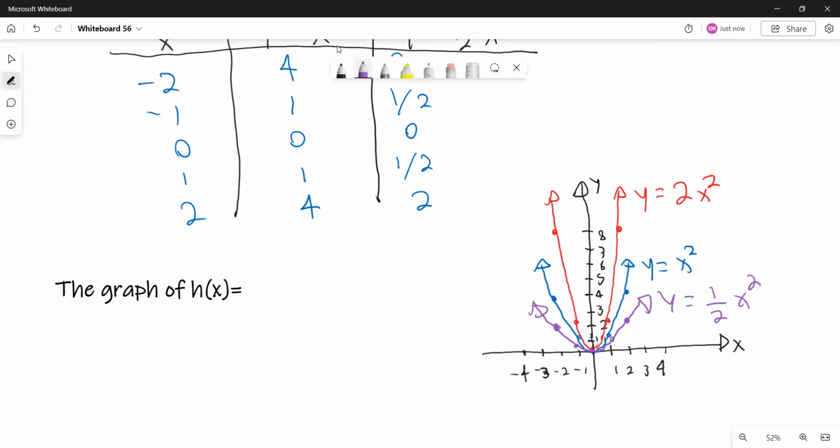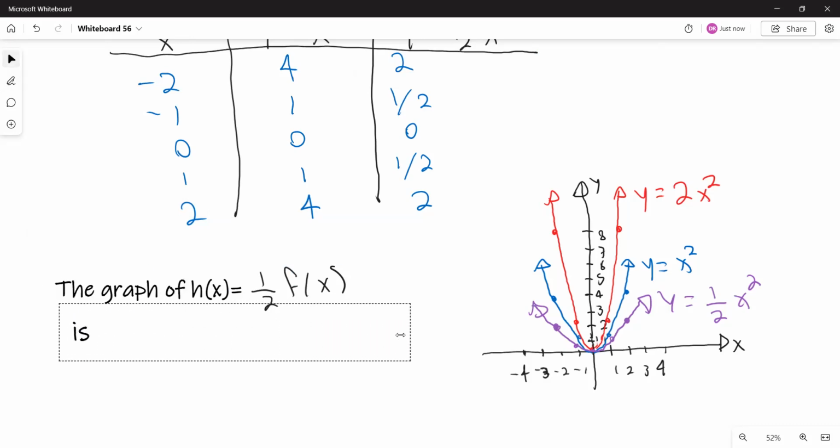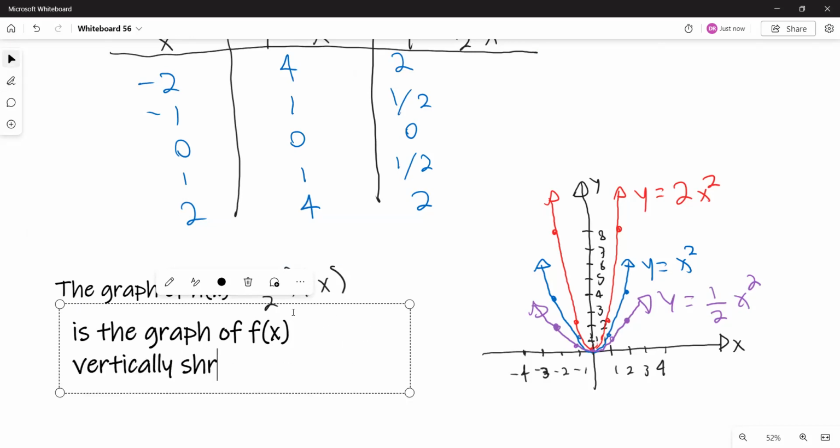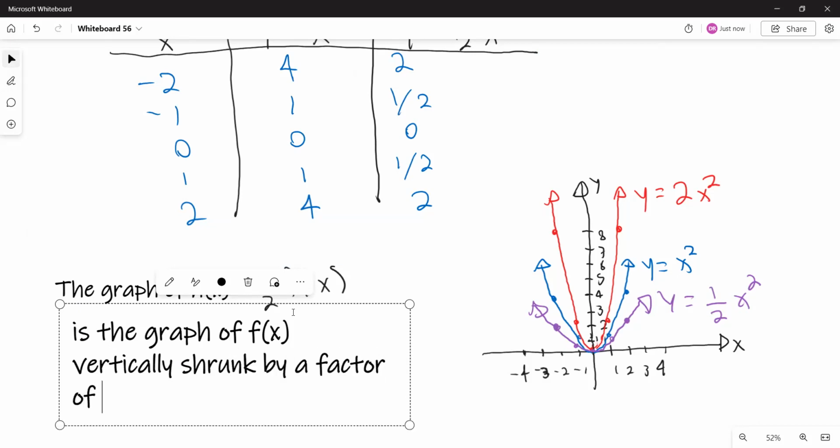The graph of h of x equals 1/2 f of x is the graph of f of x vertically shrunk or compressed by a factor of 1/2.